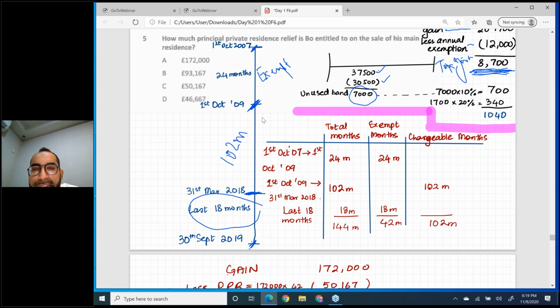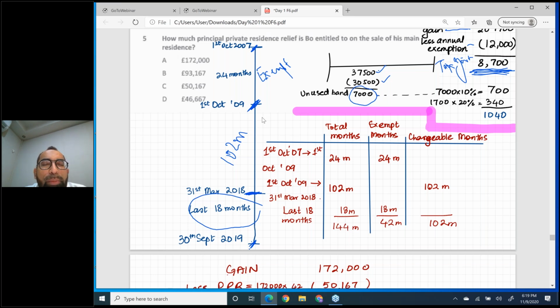I hope you remember these three columns. I have solved it using these three columns. This is the famous way of solving these questions. The first column is total months, the second is exempt months, and the third is chargeable months. The first 24 months you occupied the house, so it is exempt.